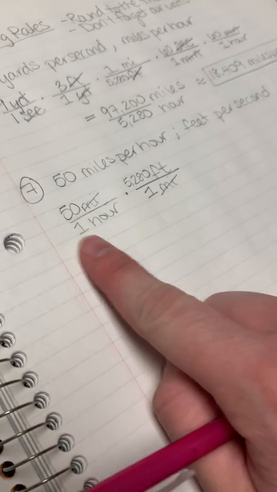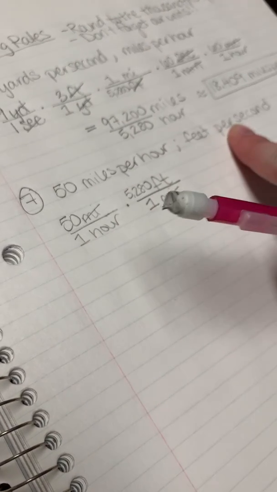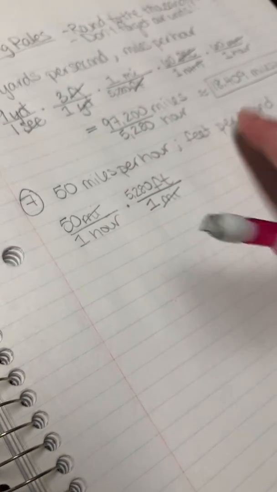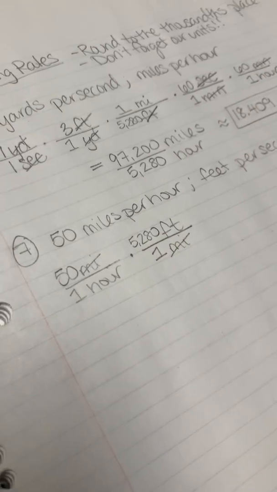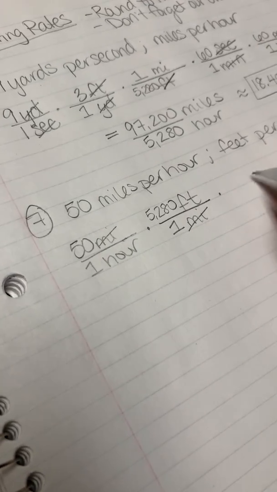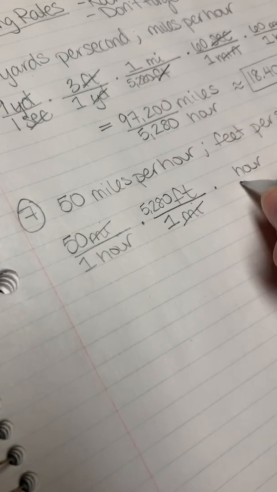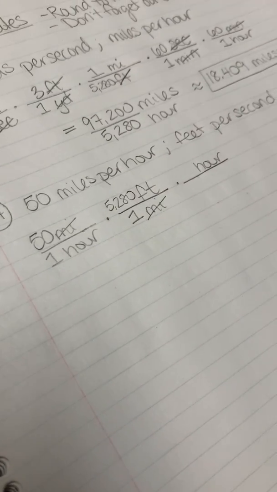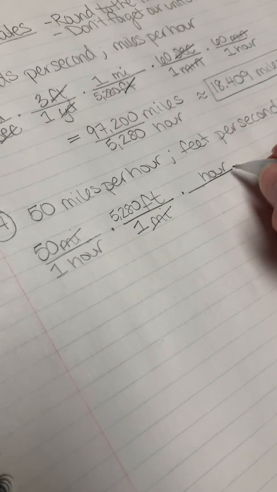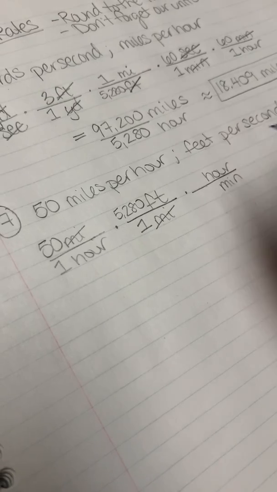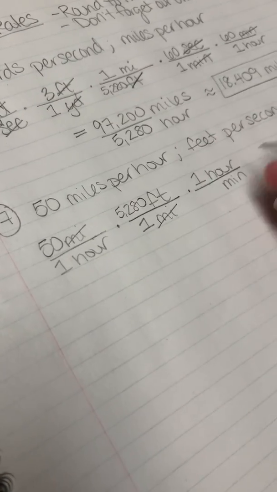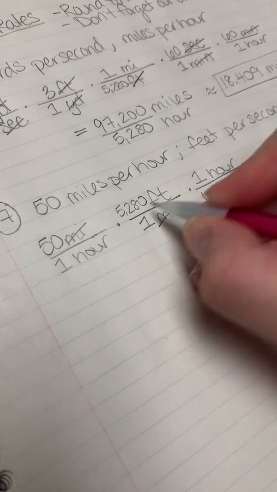Now we need to convert an hour to seconds. We're essentially going to go backwards of what we did before. In order to cancel an hour, we're going to have to convert hour to minutes first. So 1 hour is congruent to 60 minutes.